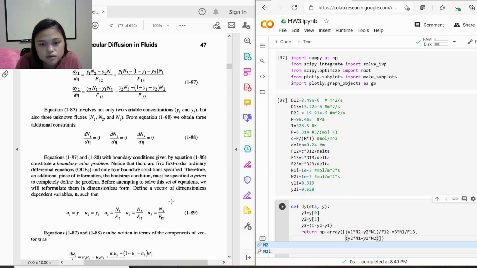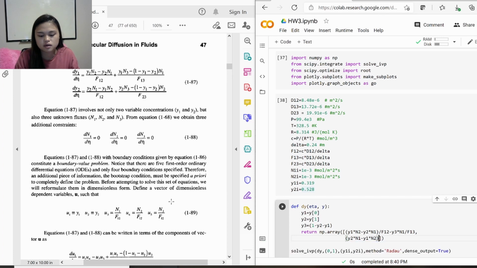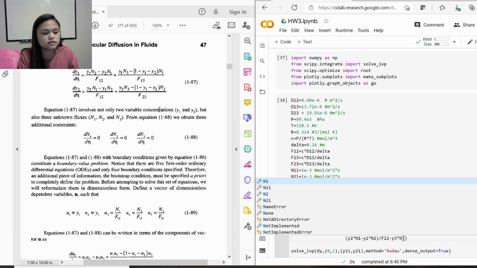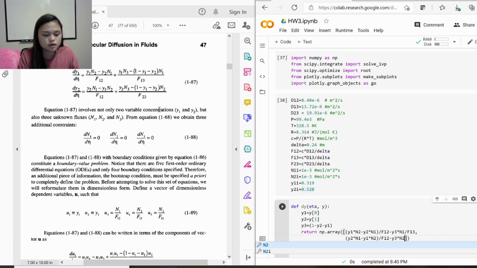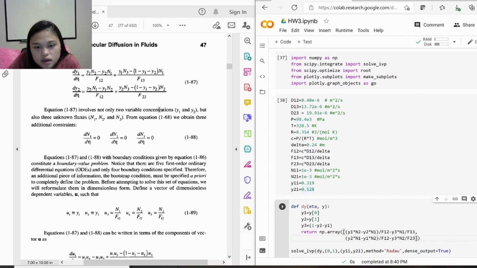Let's see if that looks right. Looks good to me. That all over F23. Subtract that, do the same thing, take out the middleman, start with y3, which is the mole fraction of air, multiplied by the molar flux of that methanol over F23. Okay.